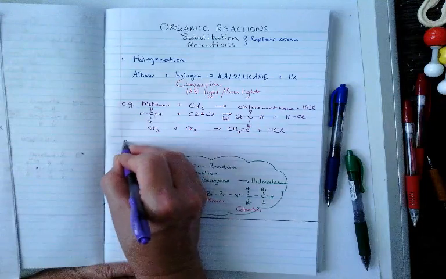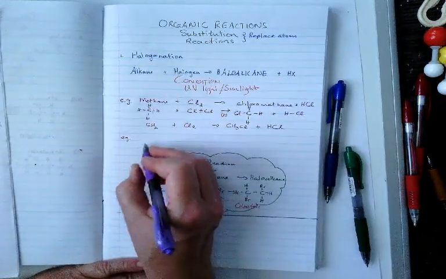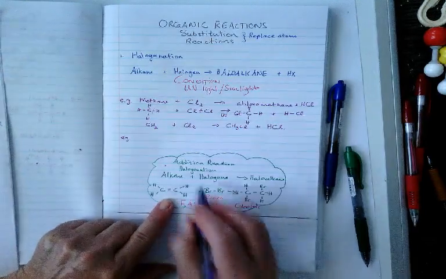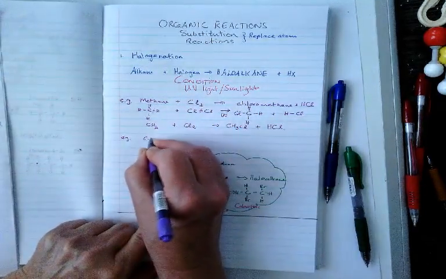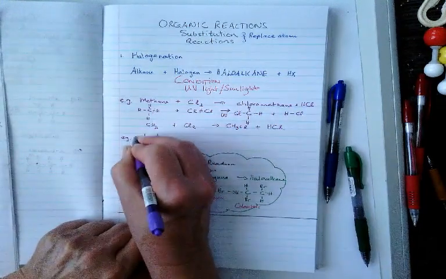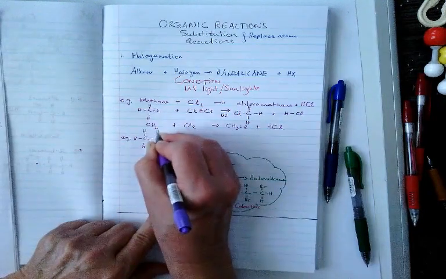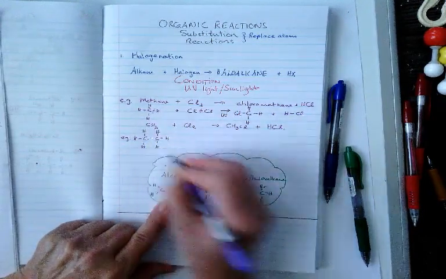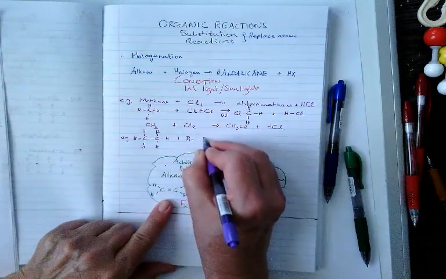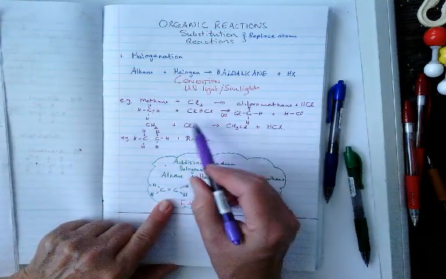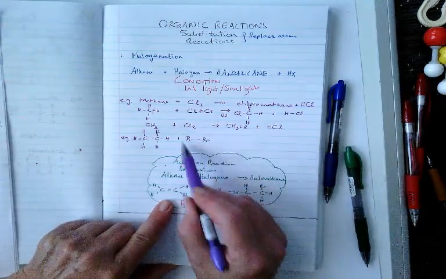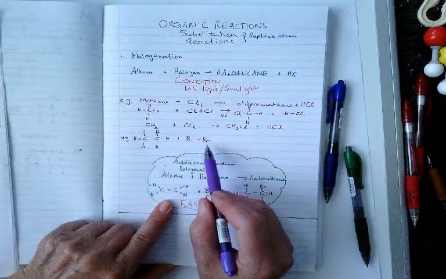My next example will be ethane, just to compare it to the ethene we had in the addition reaction. Ethane has single bonds and each carbon has 4 bonds to 4 separate atoms, and I'll use bromine because bromine is unlike chlorine. Chlorine water is a colorless mixture, where bromine water is a brownish mixture.